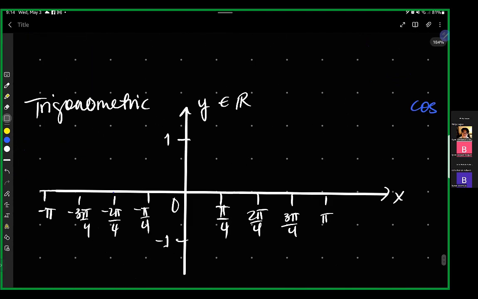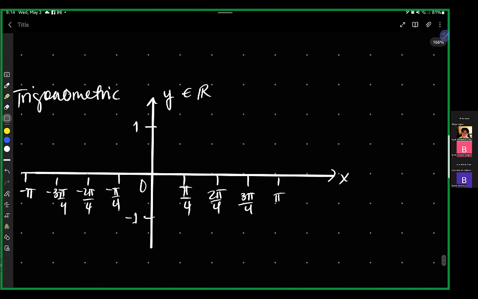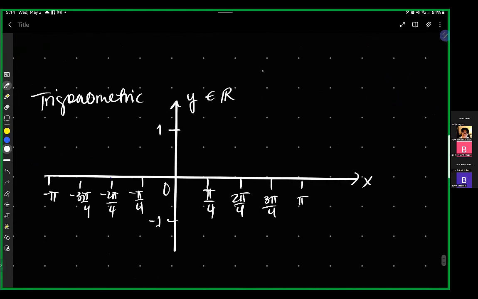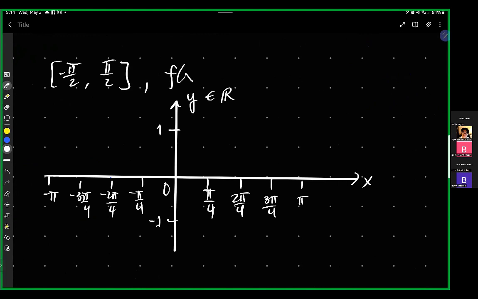Okay, it's clean again. So again, let's consider the interval negative pi over 2 and pi over 2. But now the function f of x is just sine of x. So let's plot.